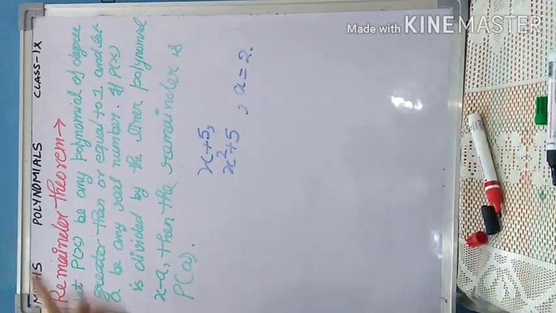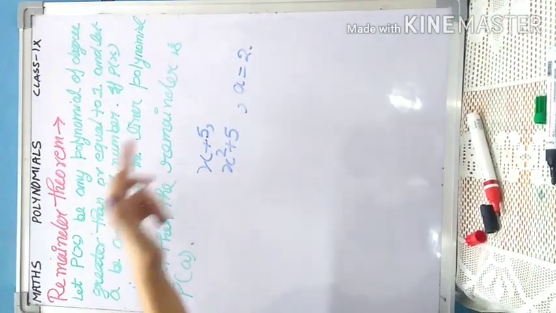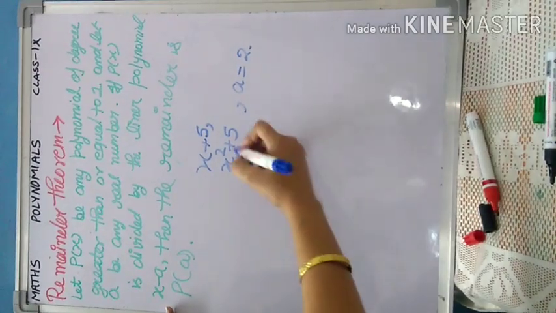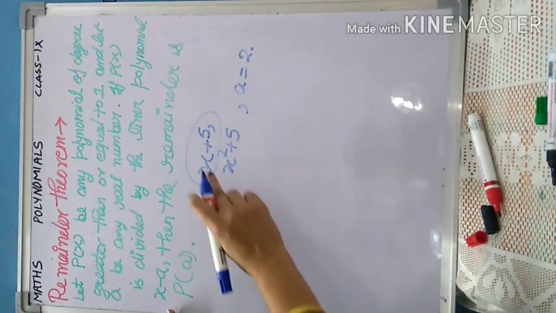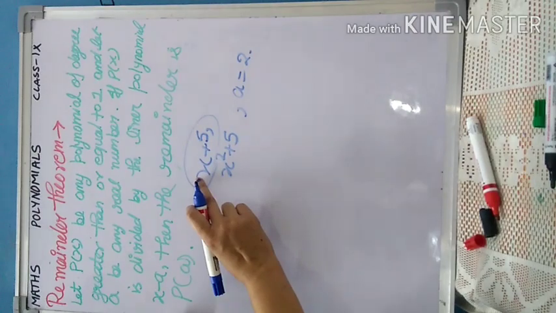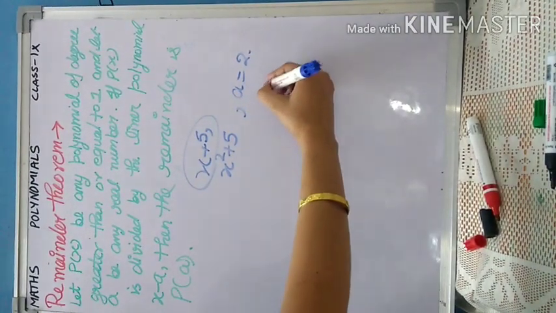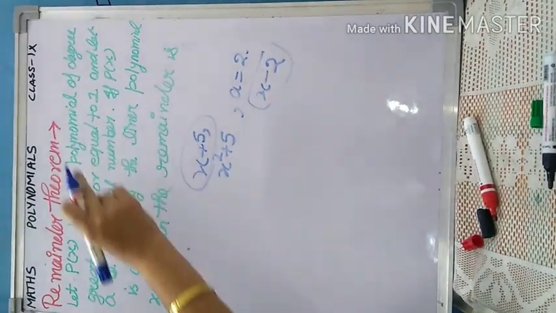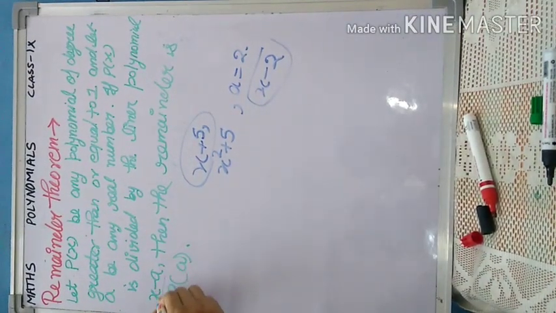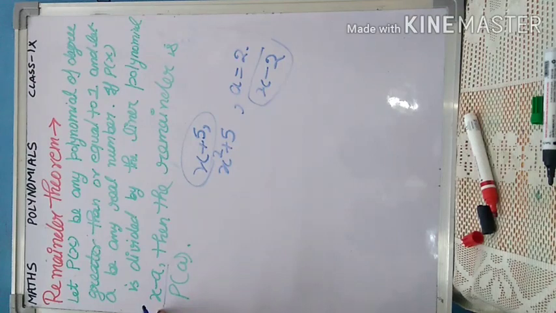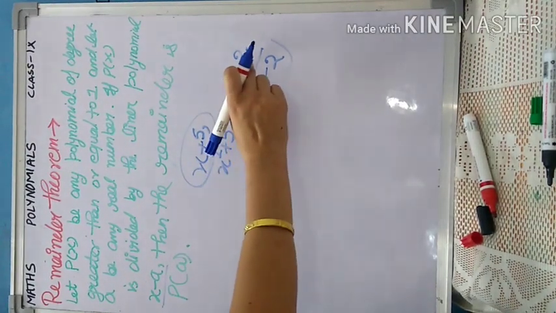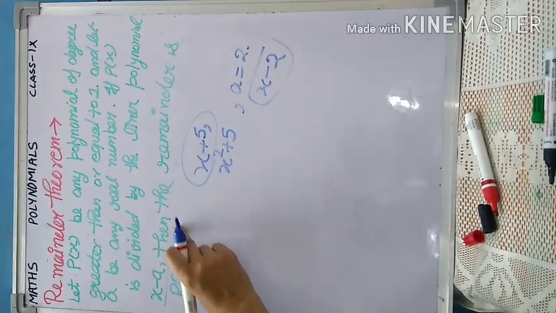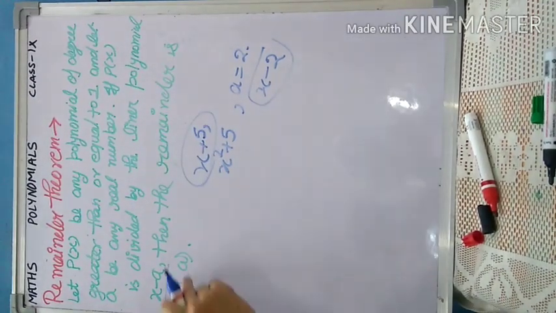Okay, if p(x) is divided by the linear polynomial x - a, that means if I am dividing this x + 5 by x - a, meaning x - 2. If a is any number, then we are dividing by x - a. So if a = 2, we will be dividing by x - 2. Then the remainder is p(a).